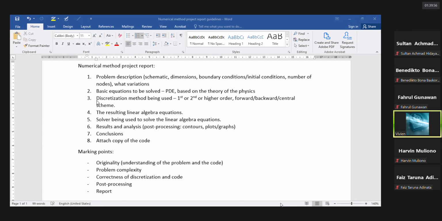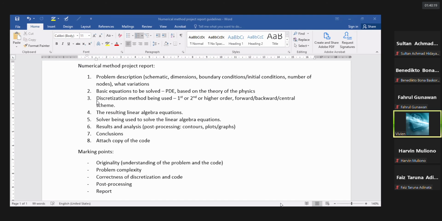Okay, so I think that will be for the project. It will be due next week, and we will have a discussion on the project. I would like to have several groups present the result. Of course, if you present the result, that will be accounted for as additional activity marking.